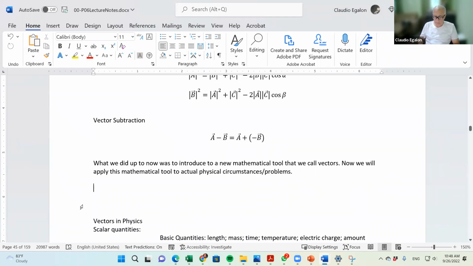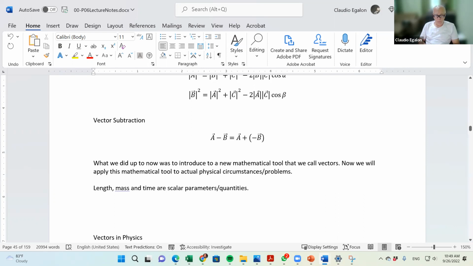Like I said before, mass, length, and time are scalar parameters, even better, quantities.